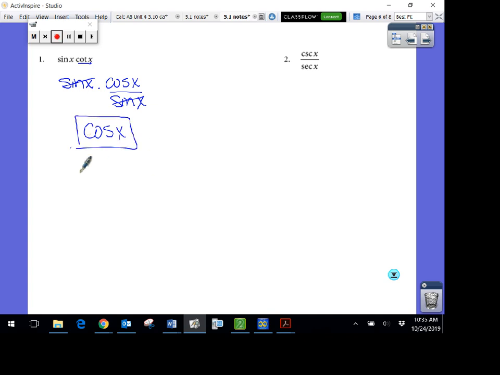One word, no fraction, I'm done. If you get down to one word and there's not a fraction, you know you're done. So as far as reasons go, what made me go from given to this first step? That was the ratio ID. And what helped me go from here to here? Sine divided by sine, that would be division. Sine divided by sine is 1, and so that's what got me to cosine, divide.